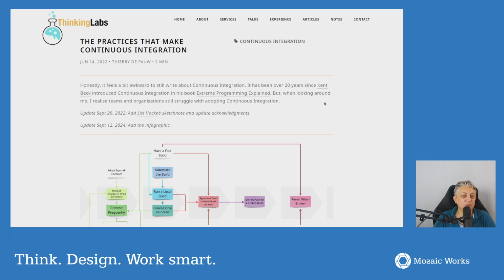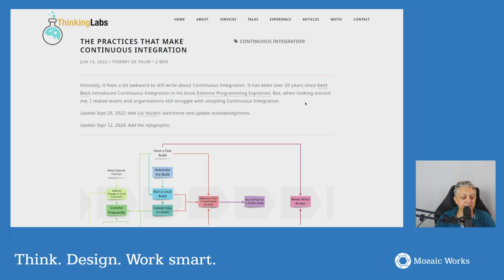And okay, what do we mean by continuously? Because it won't be always, right? There has to be some time when you write the code, make sure that it works, and then you integrate it into the code line.